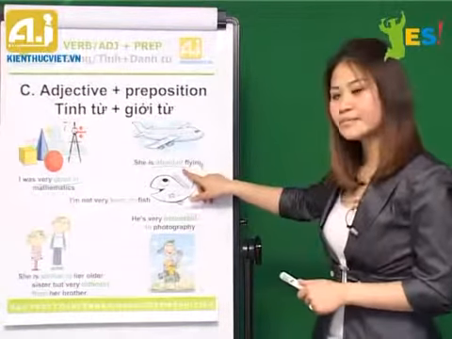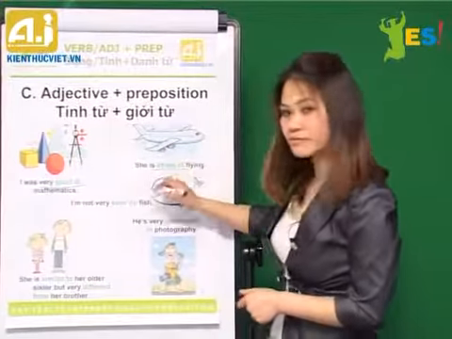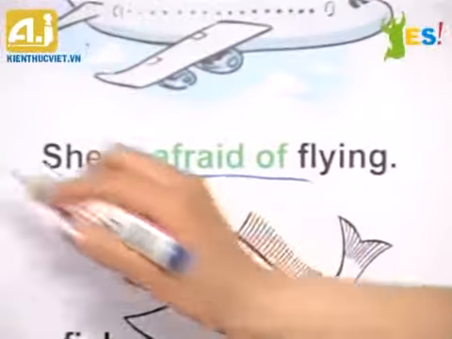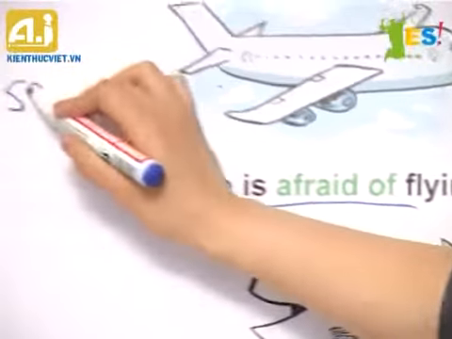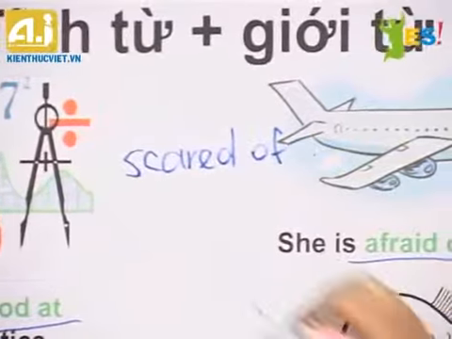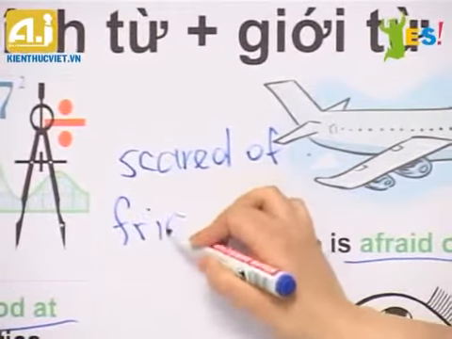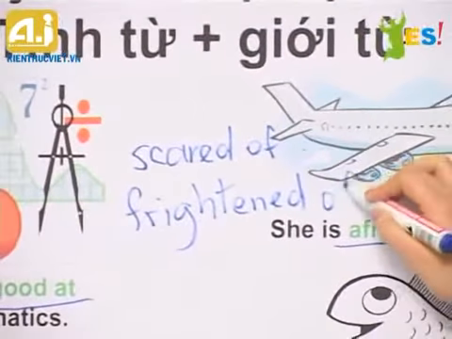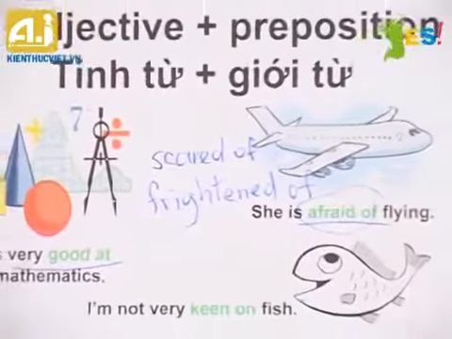We have synonyms. Alright, I'm going to write the synonyms here for you guys to easily see them. So we have scared of, frightened of, and afraid of.